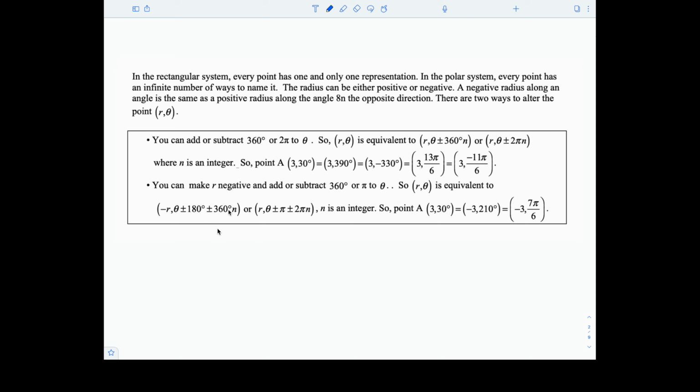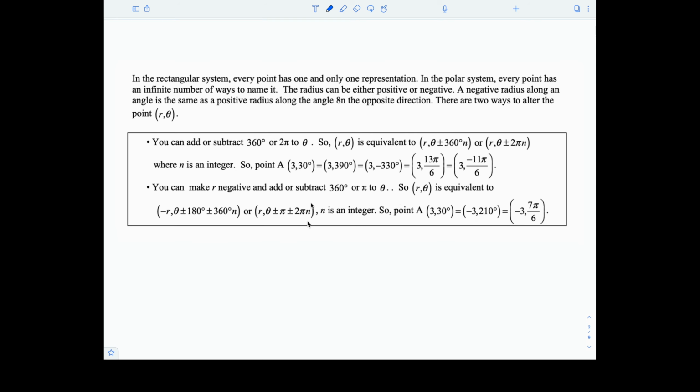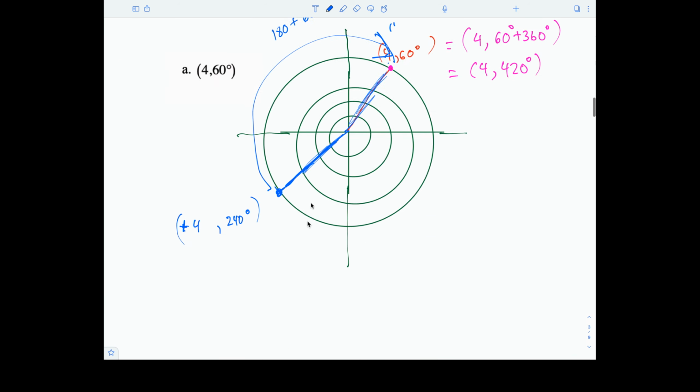And 360n just means that as long as you're spinning on the circle, you're okay. Okay. And I give an example, right? 30 plus 180. Looks like they did 30 plus 180 is 210. And then they converted it into radians, okay? And that's the other thing. You could use 2 pi. 2 pi and 360 are the same. So that's the game that we're playing today.